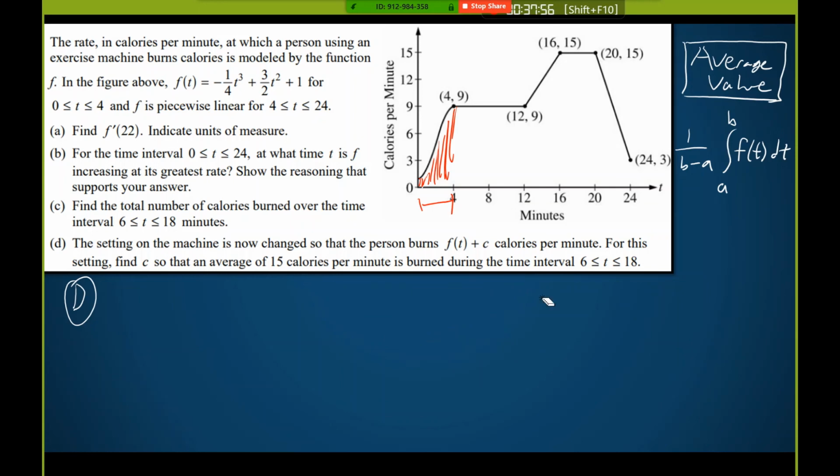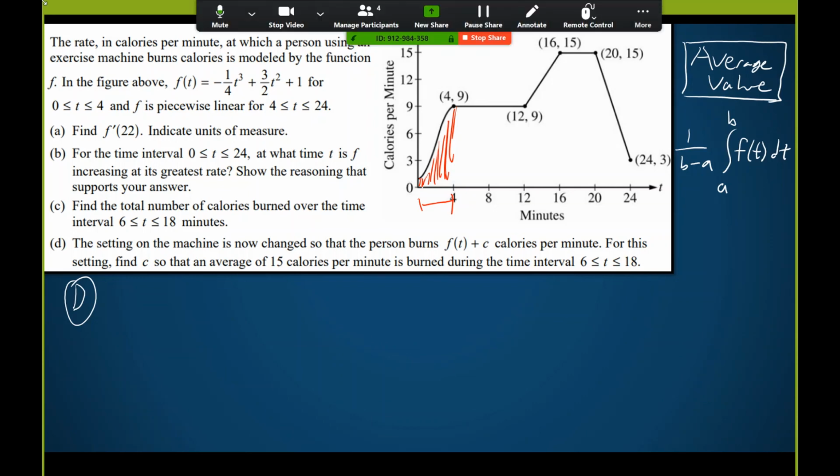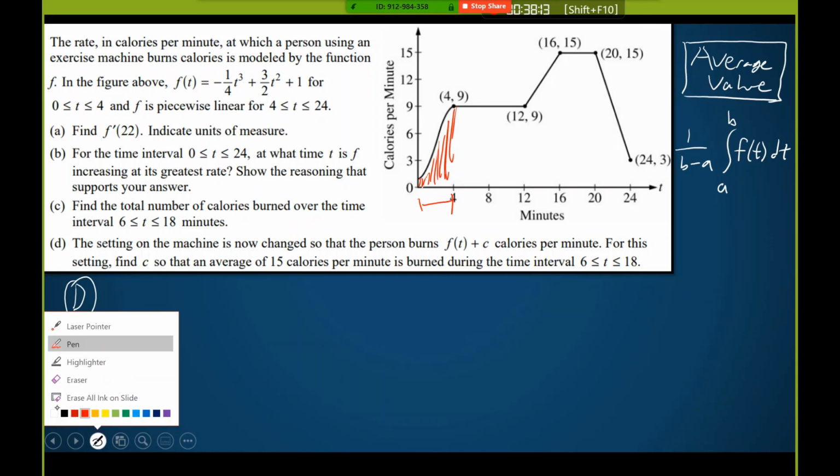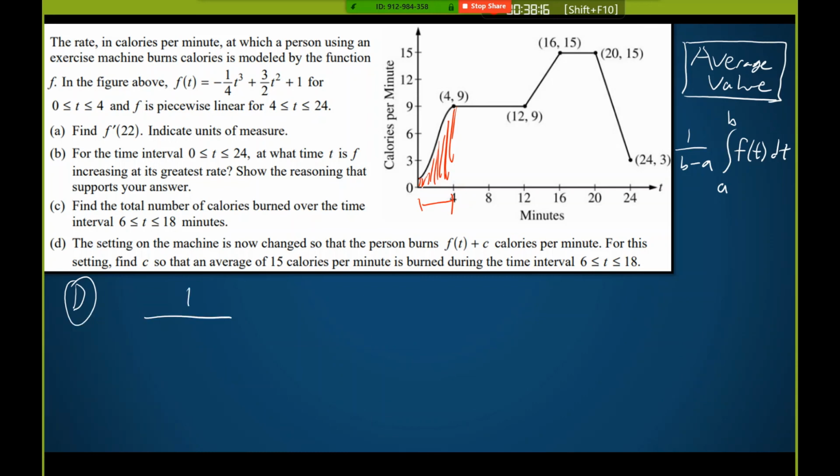So we've got our formula for average value. I want our average value to be equal to 15. So my average value, I'm not writing in red, I'm slightly colorblind, and that red on blue throws me off. 1 over b minus a, so that's 1 over 18 minus 6, times the integral from 6 to 18 of our function, which is now f of t plus c.